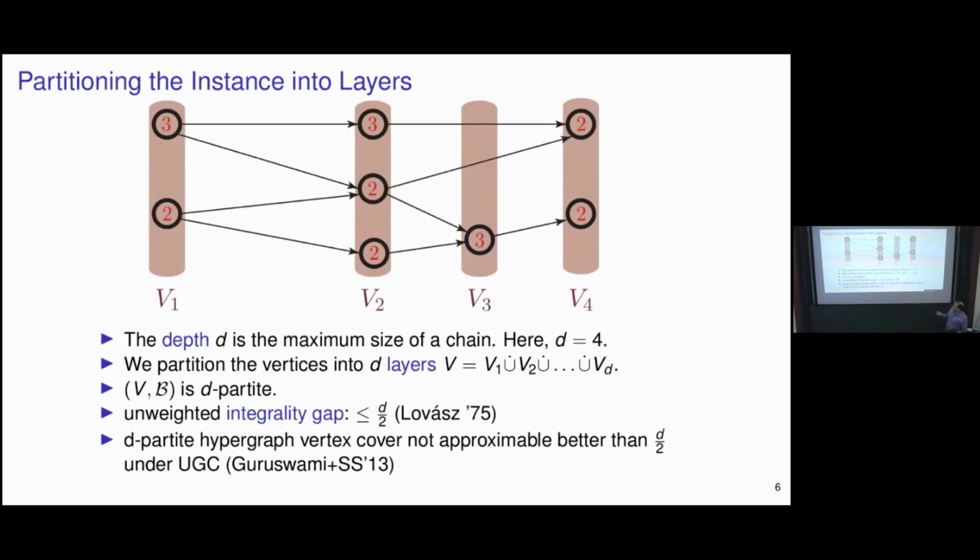So every edge has at most d elements, with at most one element from each set in the partition. Some people define d-partite also to require something from every set. We would call that a d-uniform hypergraph. Here we don't need to have d elements in every hyperedge, but at most d and at most one from every set.